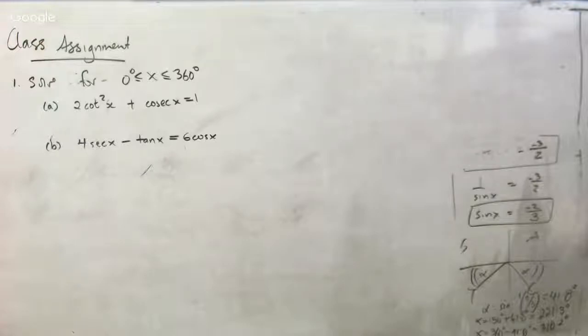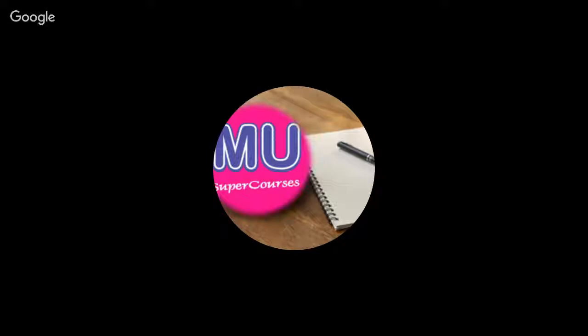Is it possible to change at least two of them to involve the third? Secant can be changed to one over cosine, and that matches over here. Tangent can also be in terms of cosine. You just have to introduce something that I don't necessarily want, but I'm going to do it because we have no choice. Fair enough?